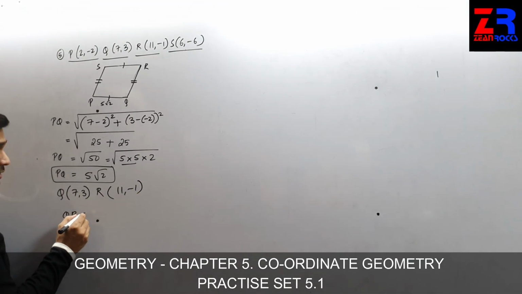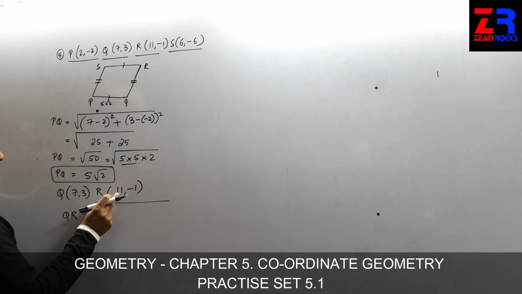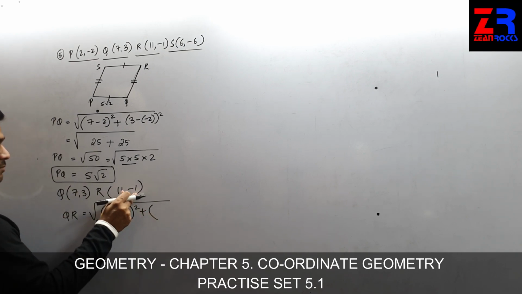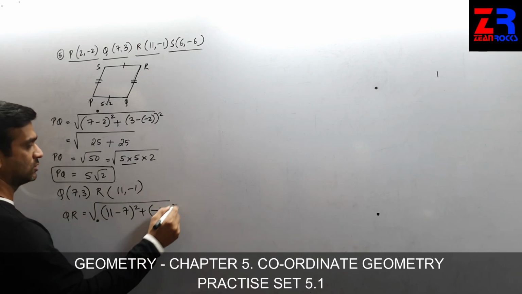So distance QR is equal to root of 11 minus 7 the whole square plus minus 1 minus 3 the whole square.